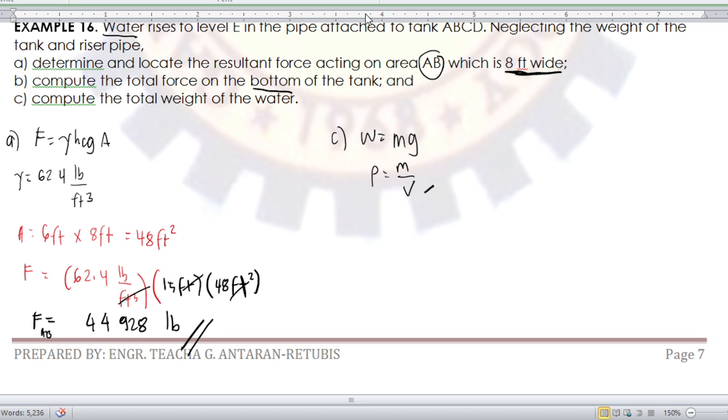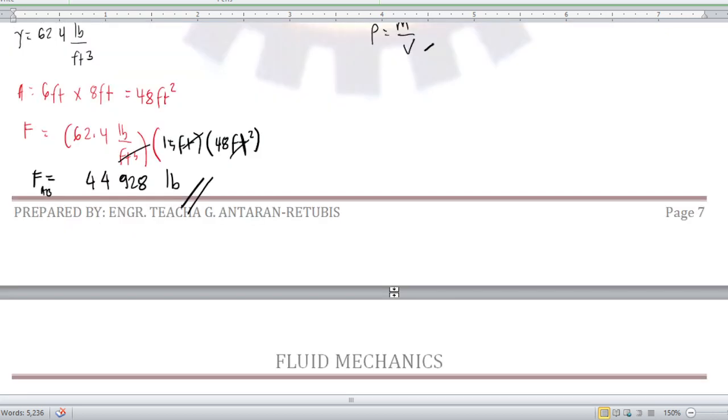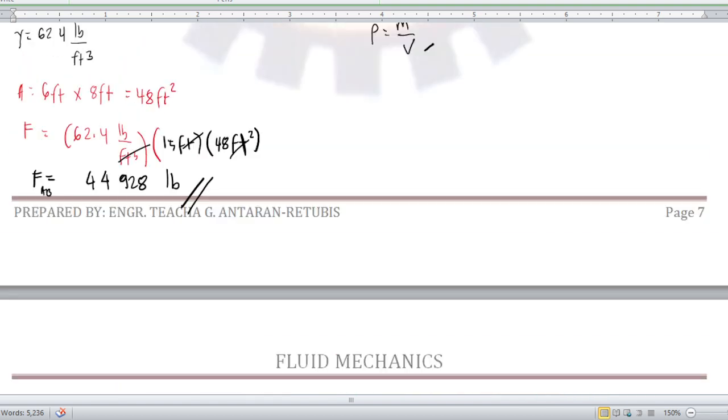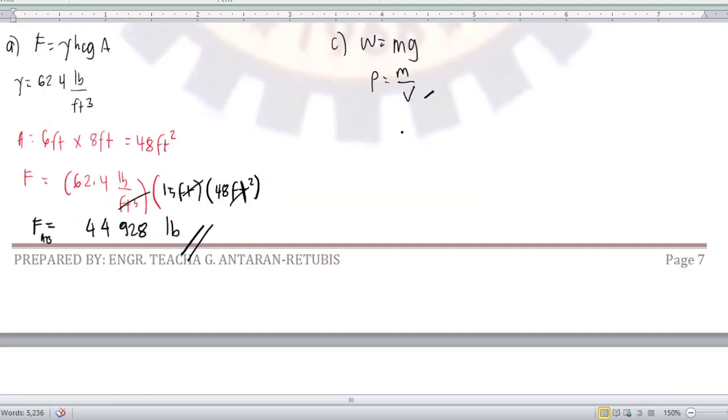Okay. So, mass over volume. We can solve for volume. How? As you can see here, we have the total volume by multiplying length times width times height. And since this is a rectangular parallelepiped, volume can easily be solved.